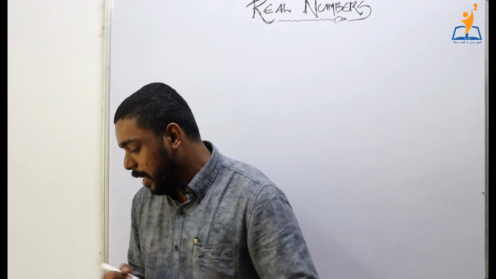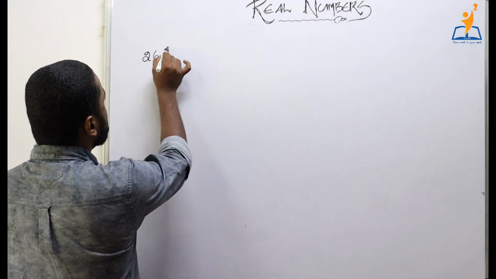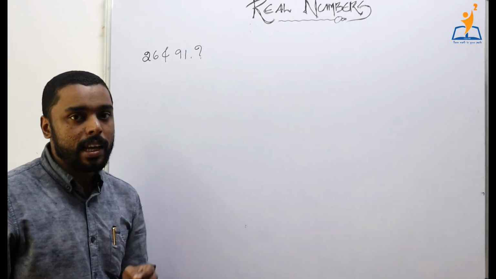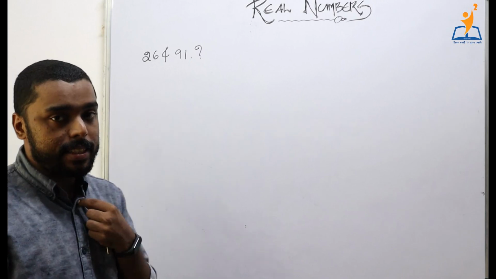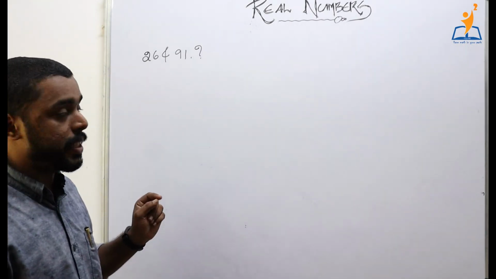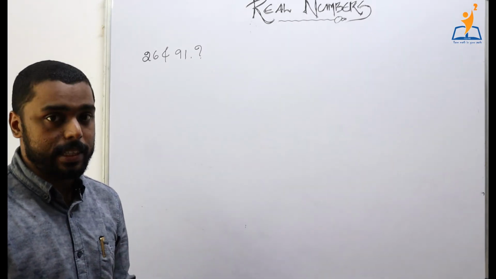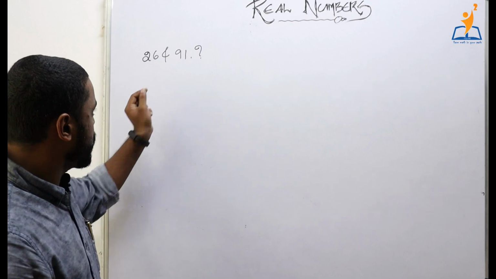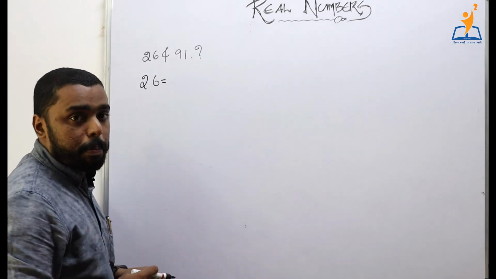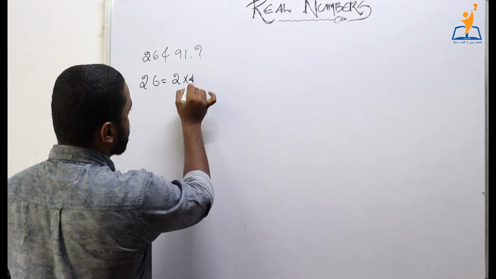First one, find the LCM and HCF of 26 and 91. We are asked to find the LCM as well as the HCF of 26 and 91, and also we have to verify whether 26 into 91 is equal to HCF into LCM. The first step is to represent them using the prime factorization method. 26 is equal to 2 into 13.